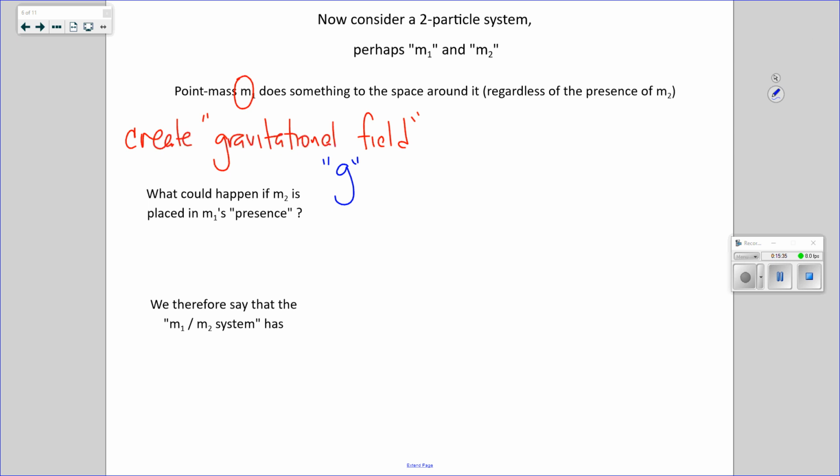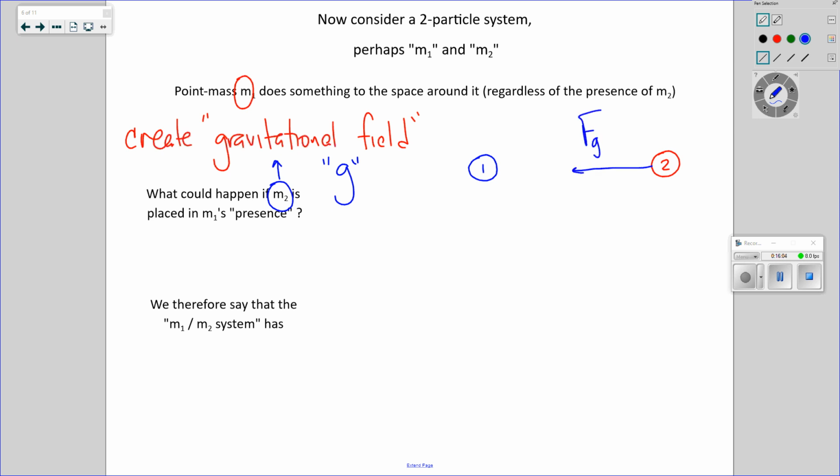And here's the deal. If you put mass 2 in mass 1's gravitational field, here's what happens. Here's mass 1. Here's mass 2. What mass 1 does, or mass 1's field, is it exerts a gravitational force on mass 2.